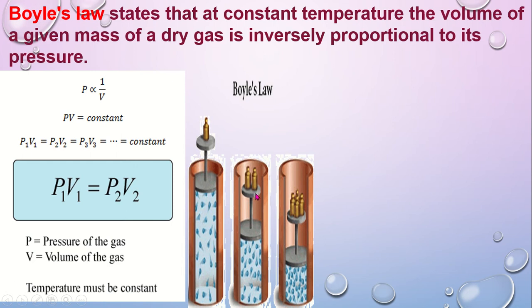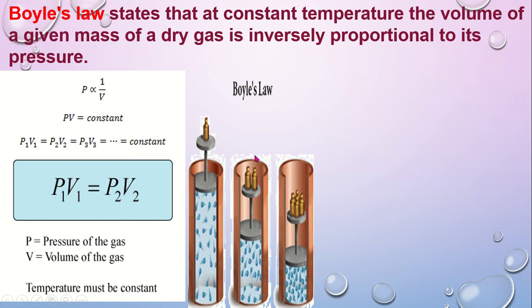Then if I give 2 masses on the piston, the volume will decrease. That means pressure will increase by giving 2 masses on the piston and the volume will decrease. Again, look at this picture, I have given 4 masses on the piston. As a result, more pressure is applied and the volume decreases more.